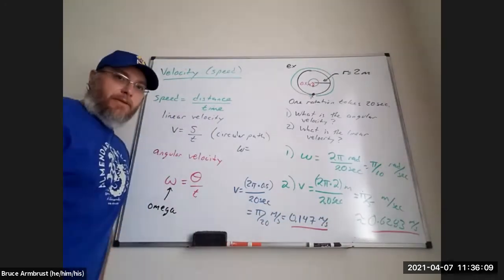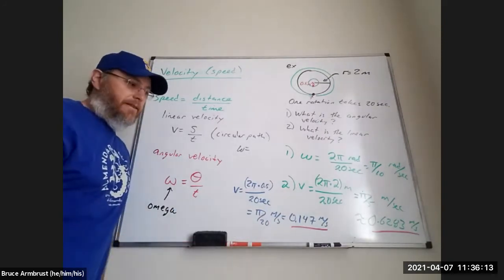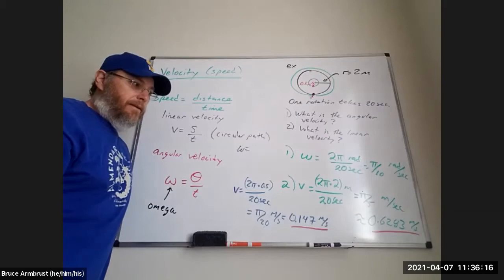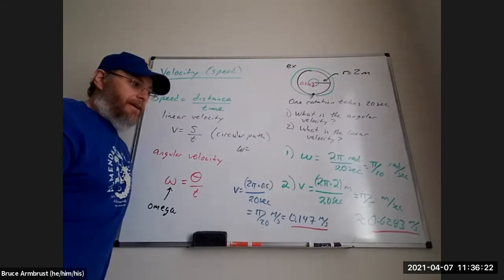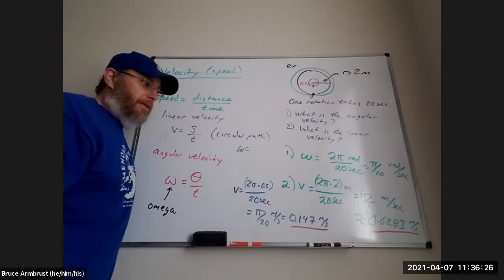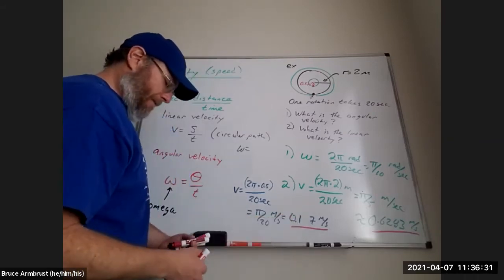It's considerably slower. In fact, it's 1/4 the speed. And now I'm feeling like I didn't do that number right. I totally didn't do that number right. 0.157. That's better.